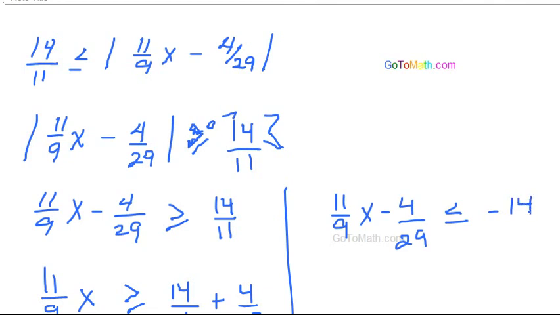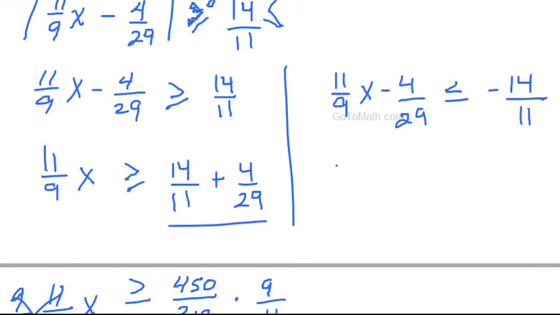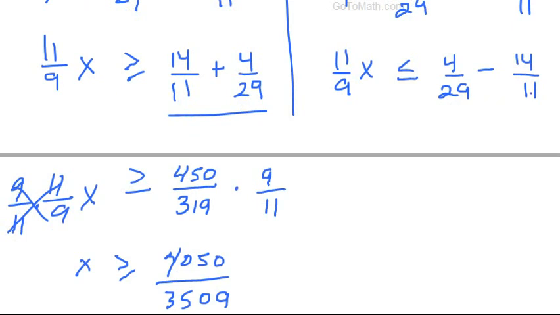14 over 11. Okay, so we have 11 over 9x less than or equal to 4 over 29. Bring that to the other side. It makes it positive. Minus the 14 over 11. Of course we'll want to just do that in our head because we can do that.